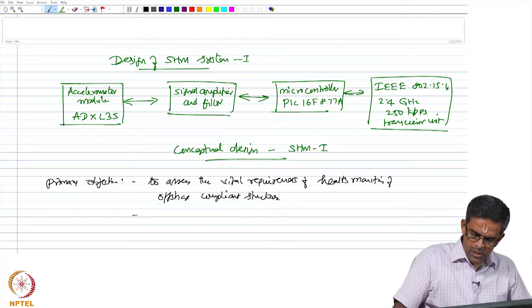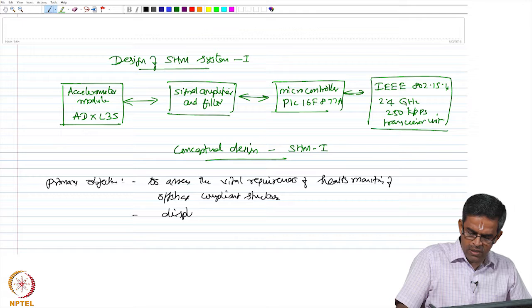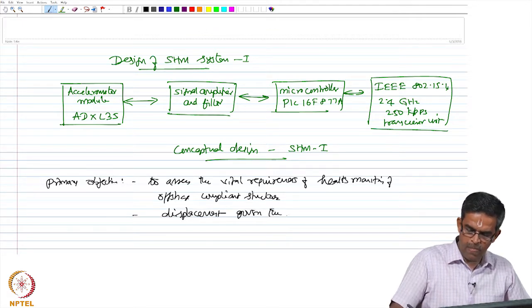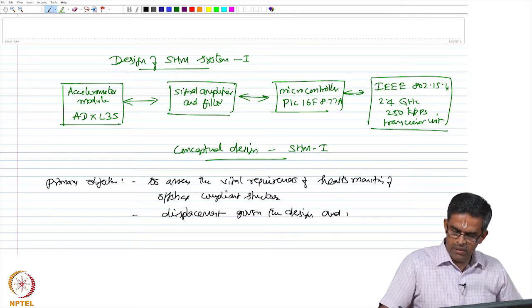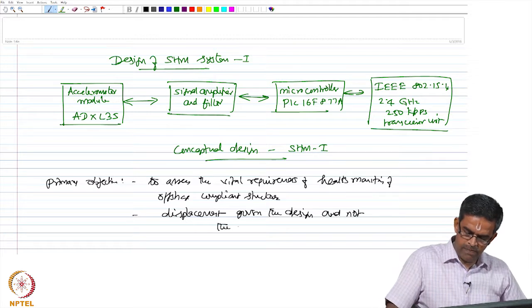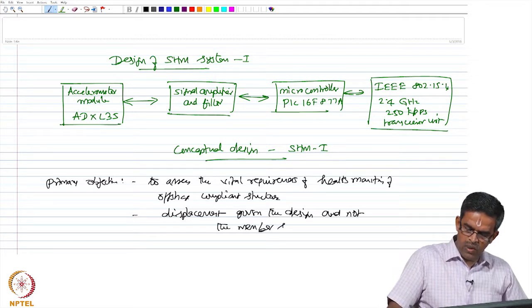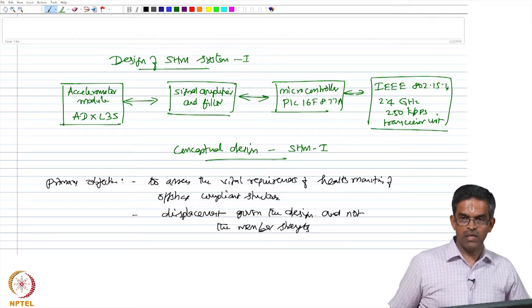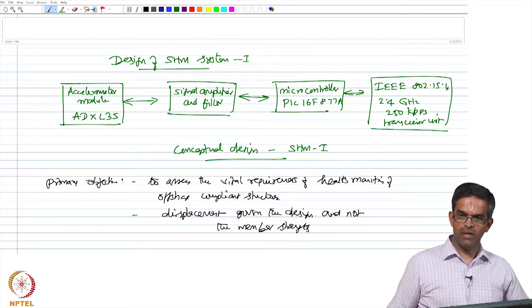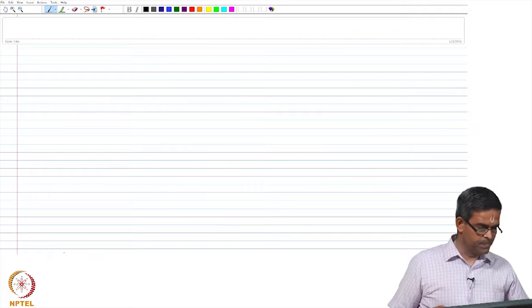The beauty about this is displacements govern the design and not the member strength. Displacements govern the design because they undergo large displacement and not the member strength. So, one is not interested physically to measure the stress and strain on the members caused because of accidental loads, but one is now interested in rigid body motion in various degrees of freedom exercised on the model when wave is acting upon the model.